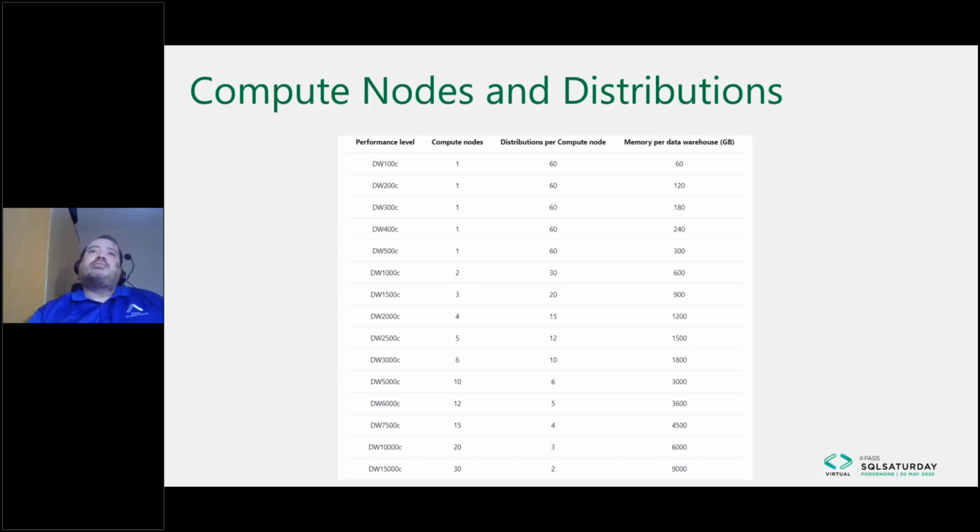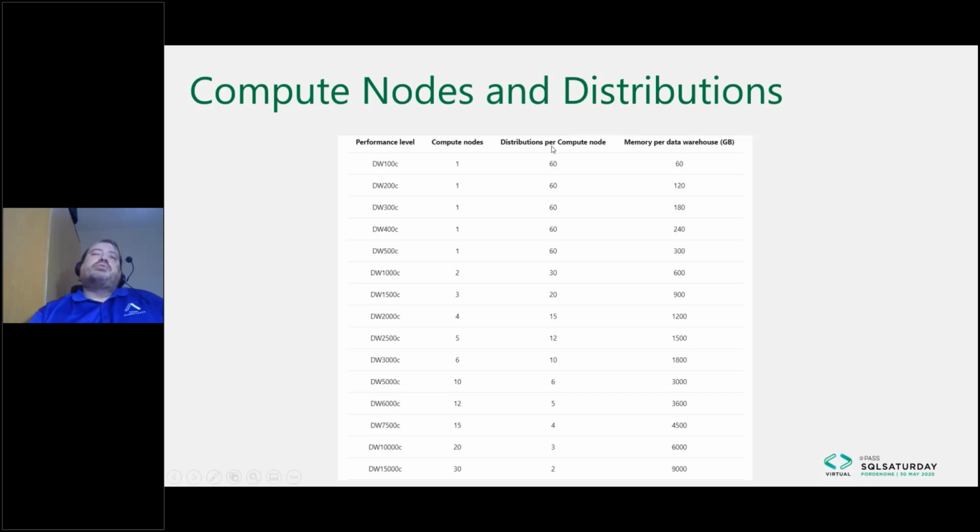So the 60 distributions are broken among the two compute nodes, and so on until DW15000, where you have 30 compute nodes, and you have only 2 data distributions for each compute node.